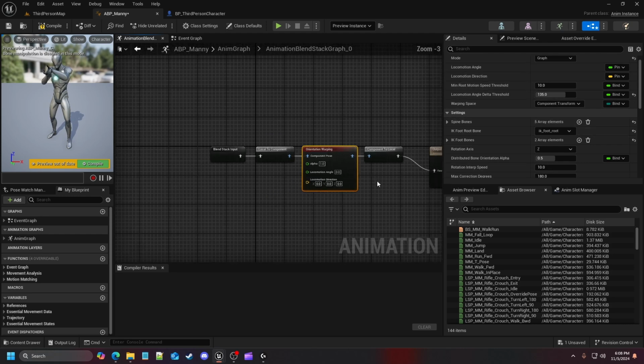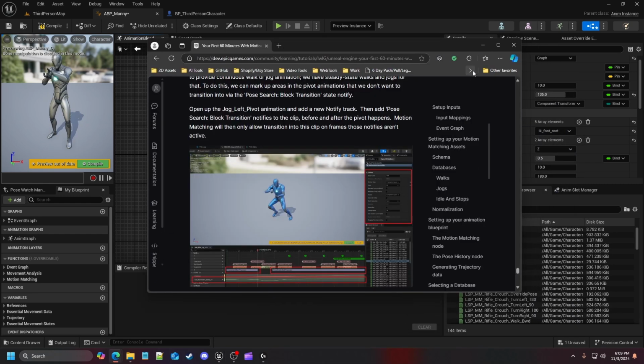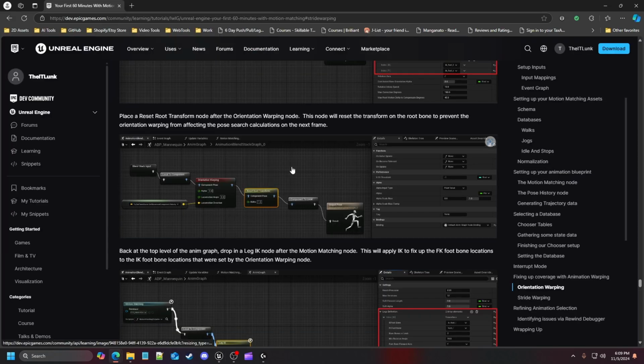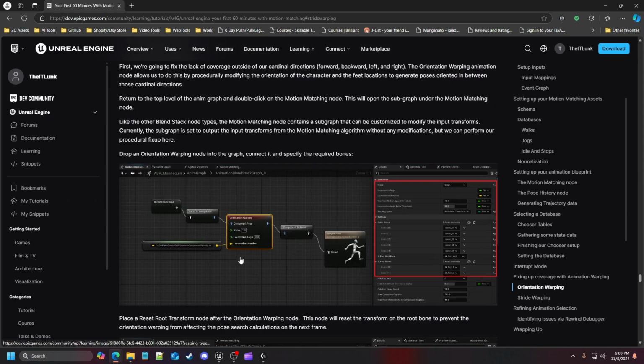I'm going to get our direction, and they want us to do velocity. If I pull back over the game animation sample project, or rather your first 60 minutes, you can see that they have the velocity to get our locomotion direction.